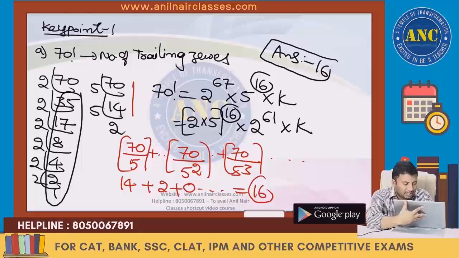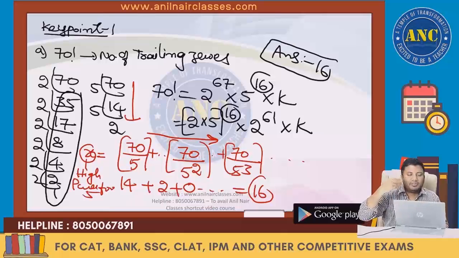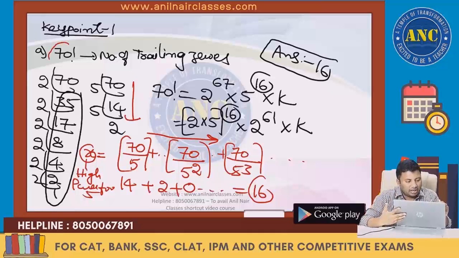Instead of doing it the long way, I am doing it like this. Whatever I got is nothing but the highest power of 5. If there is a factorial number, first I divide by 5, then by 5 square, then by 5 cube, and the process continues. Once you get 0, all the numbers after that will be 0.